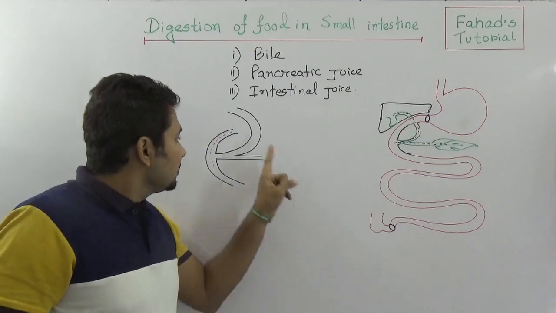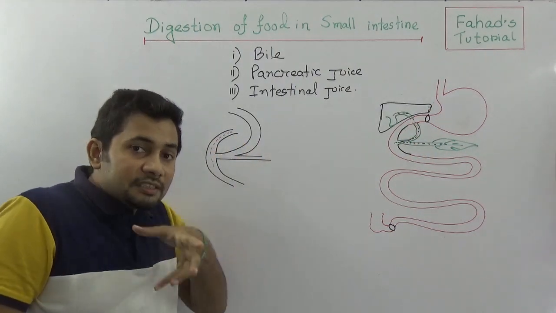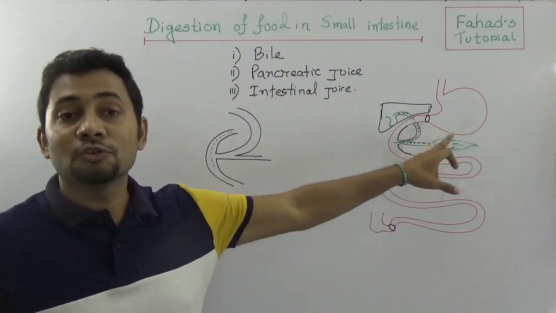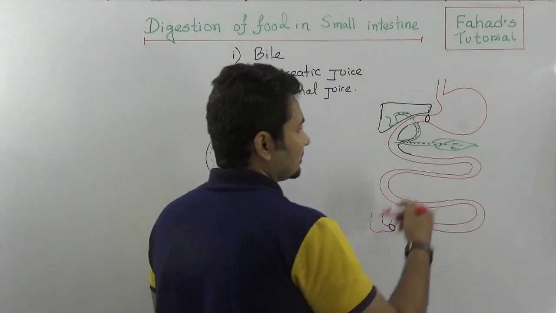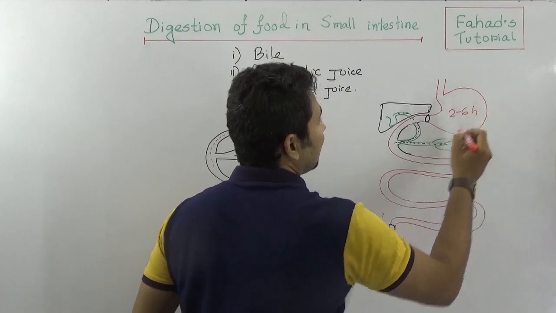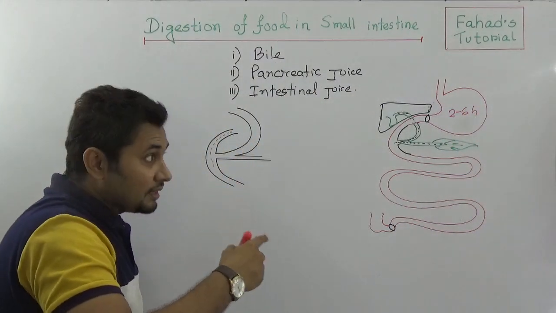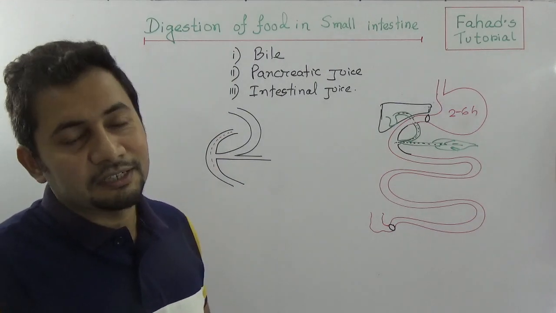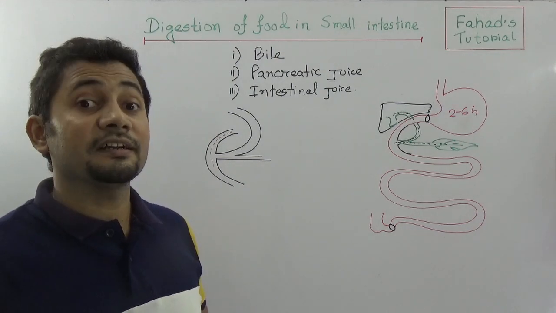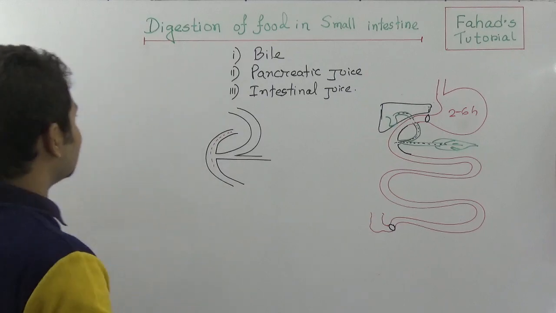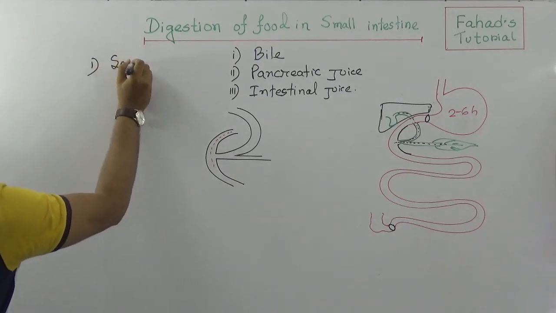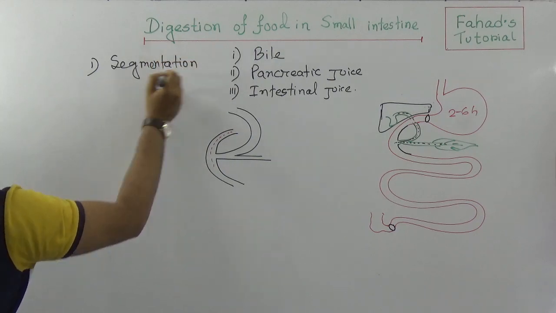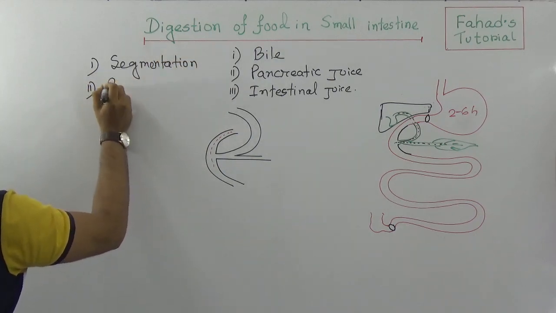It stays in the stomach for about 2 to 6 hours. But when it comes into the small intestine, in the physical breakdown or physical digestion process, there are two words: segmentation, and the second is peristalsis.